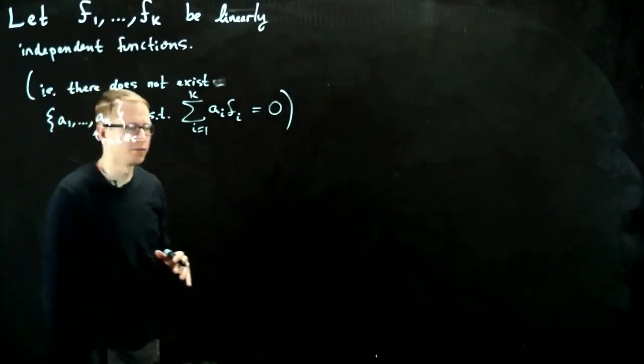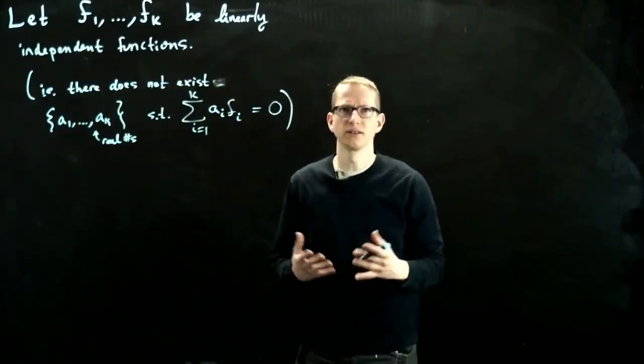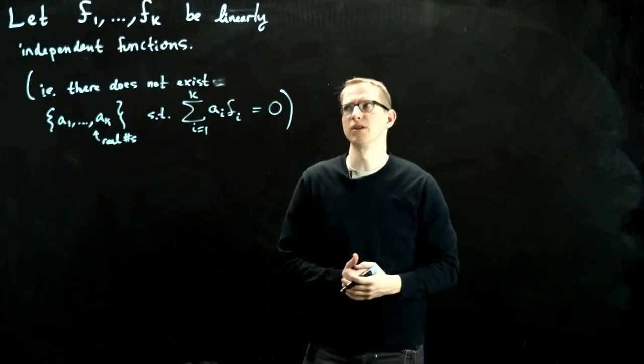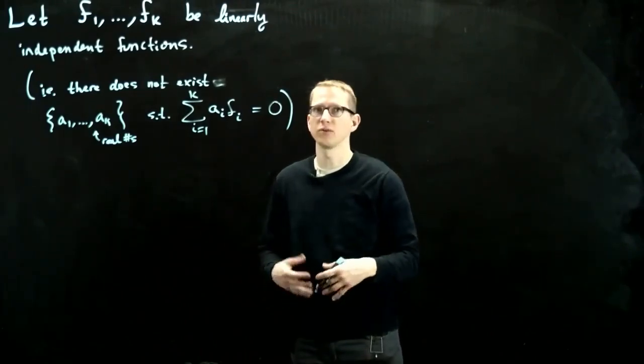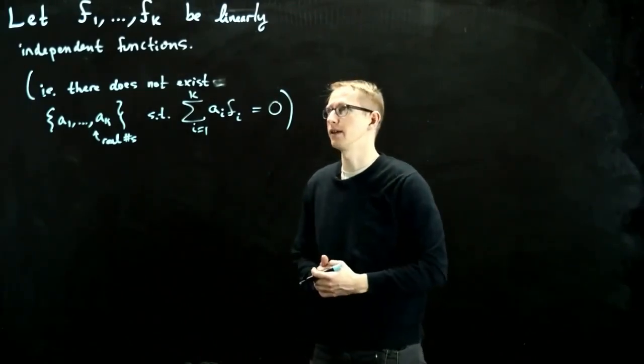So let's just say the domain of our function is whatever we need to specify it to be. For example, the whole real line, or maybe an interval or something like that.